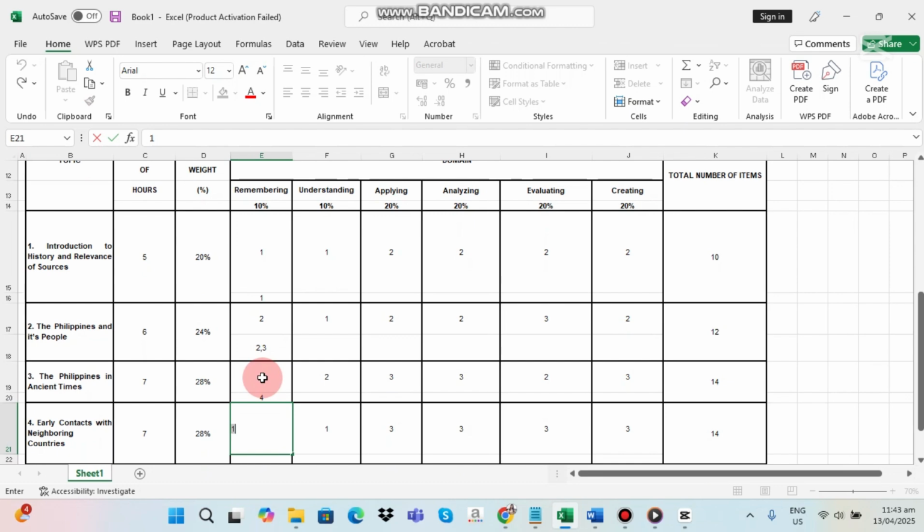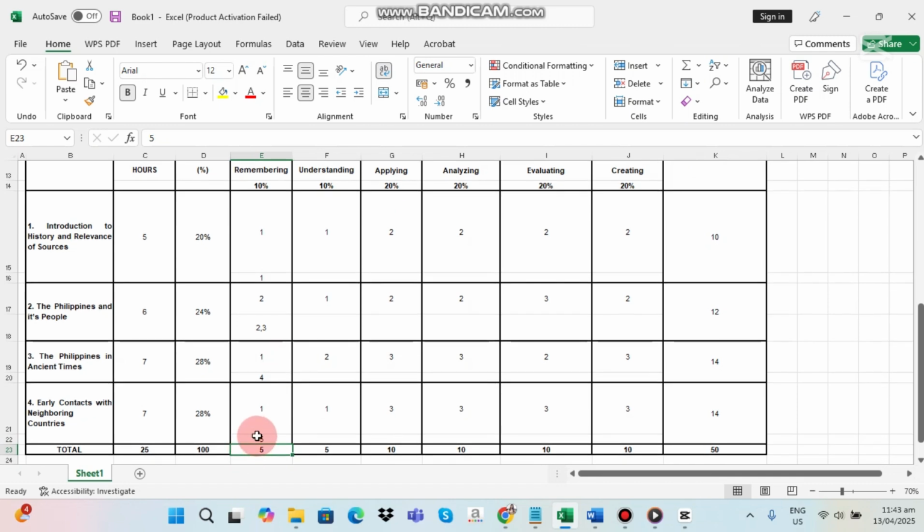Then we have 1 only, so it's 6. Then 7, 8, and 9, since it's 2 items, and then 10. Here we have 2 items, so it's 11 and 12. We have 2 items, so 13 and 14.